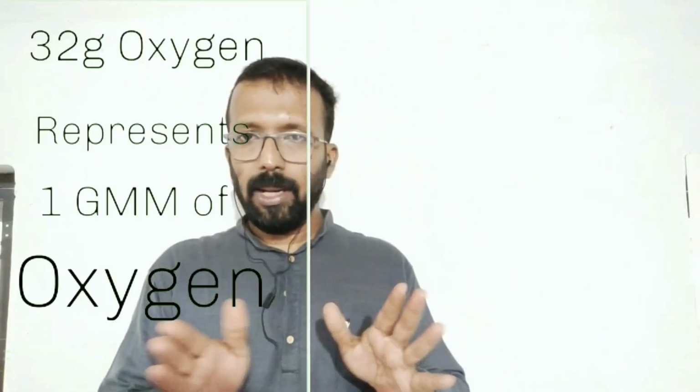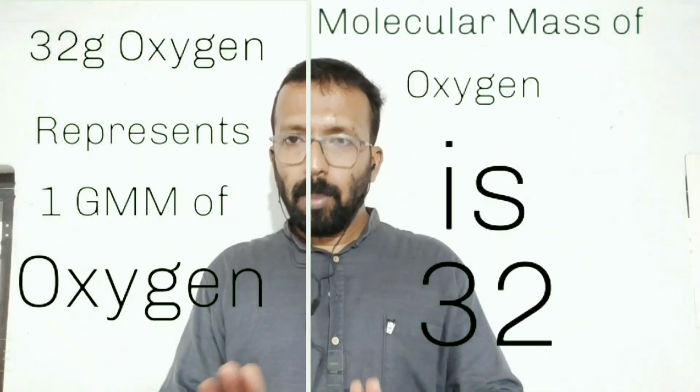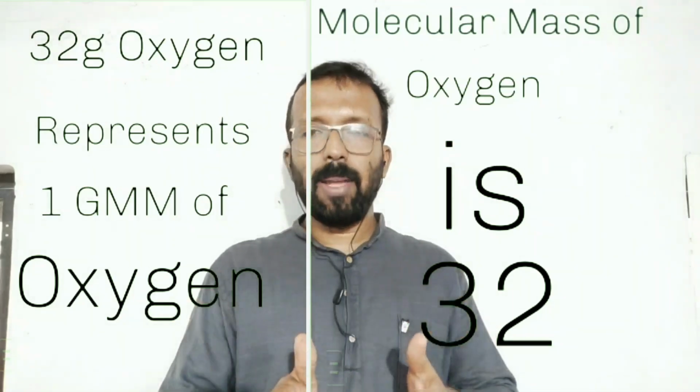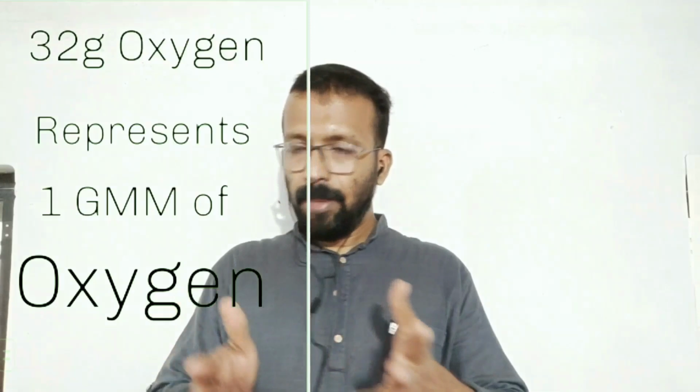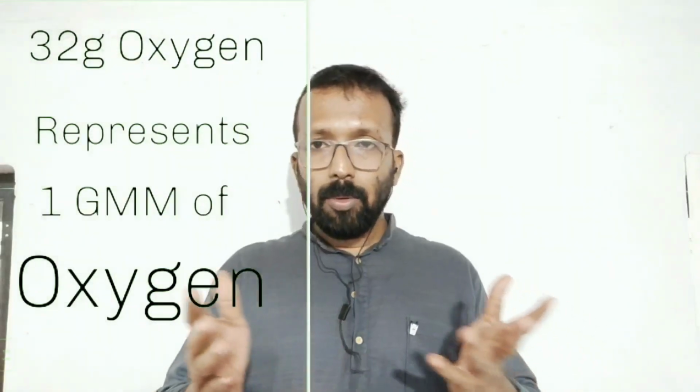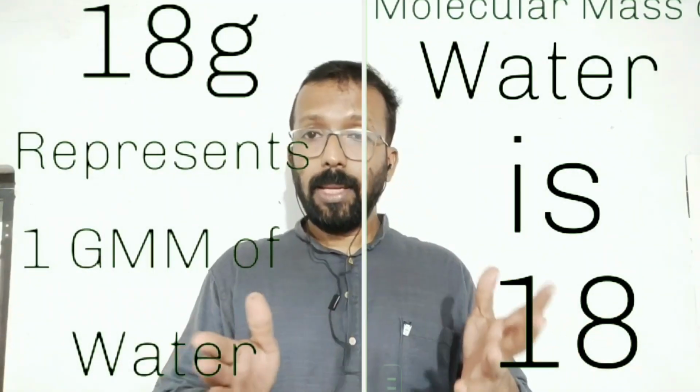See, 32 gram oxygen represents the gram molecular mass of oxygen. Or simply we can say 32 gram oxygen represents 1 gram molecular mass. Very simply we can say 1 GMM of oxygen. Similarly, 18 gram of water represents the gram molecular mass of water. That 18 gram represents 1 GMM of water.